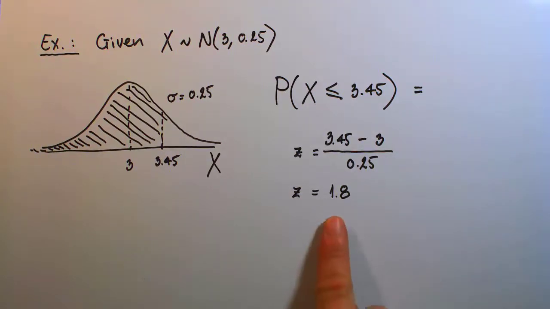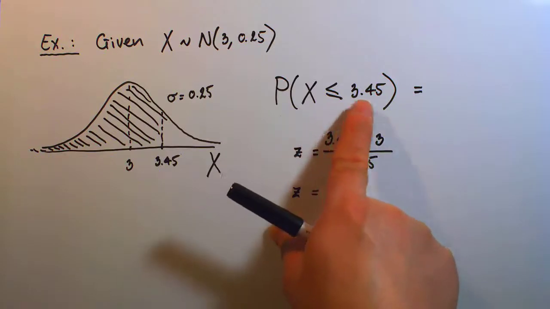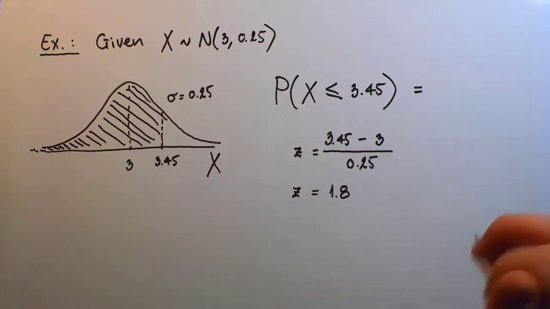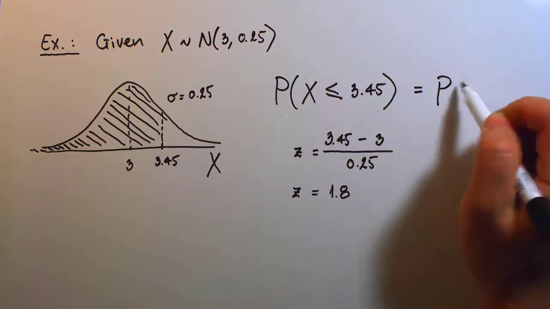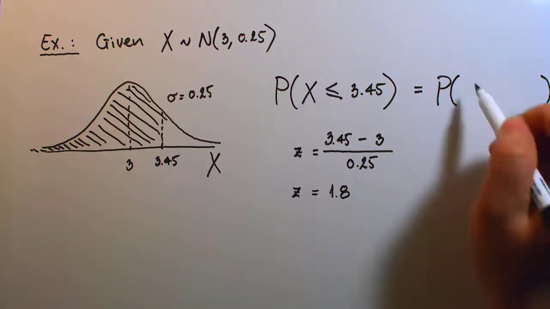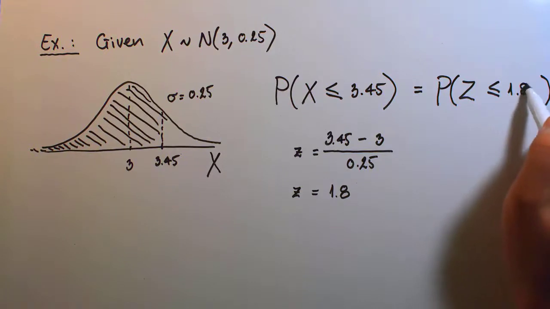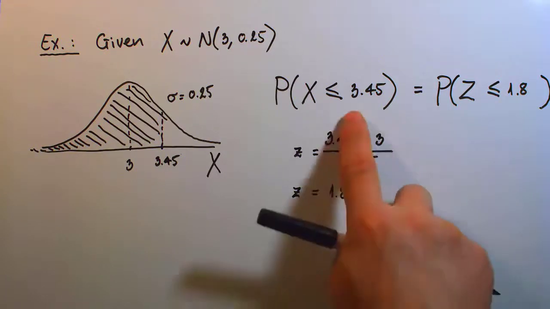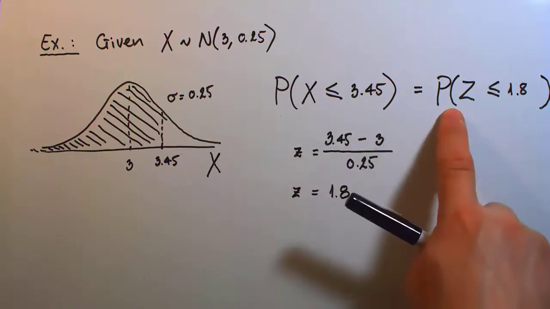Once we found the z-score, the argument here is that this probability on the general normal distribution curve, when x falls below or equals 3.45, is equal to that probability on the equivalent standard normal distribution where the z-score is less than or equal to 1.8. And that is the major connection between any general normal distribution and the standard normal distribution.